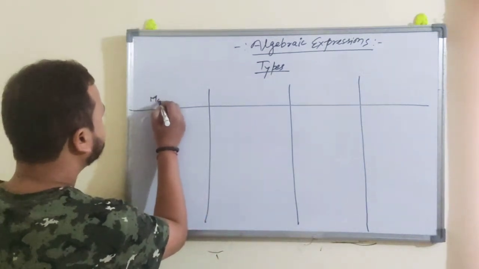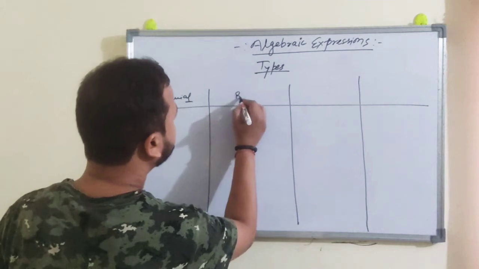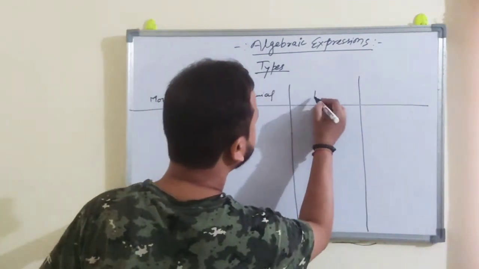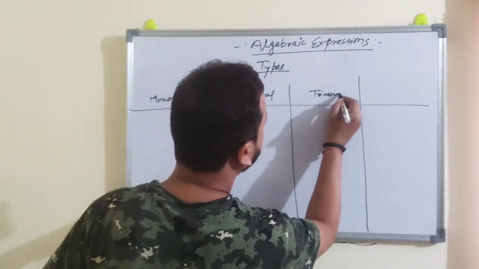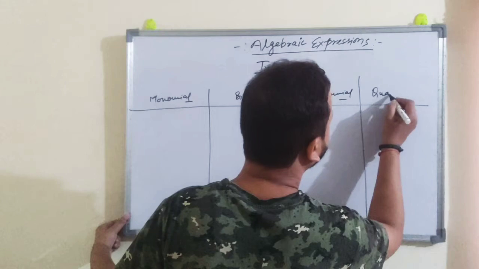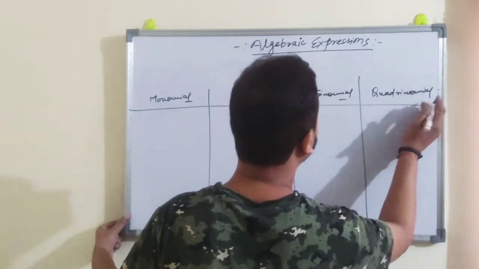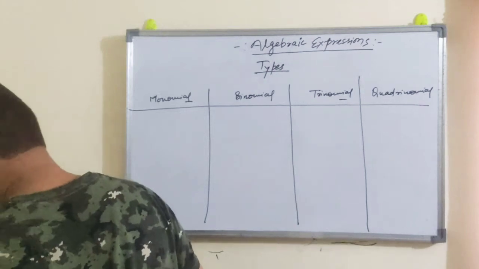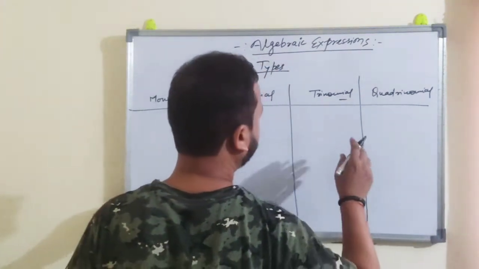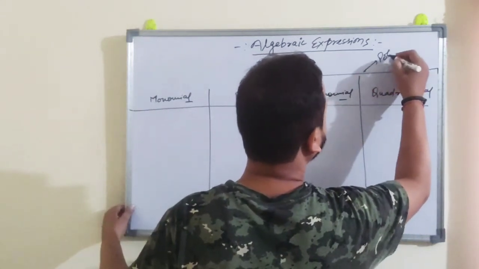First one is monomial. Second one is binomial. Third one is trinomial. And then quadrinomial. And then polynomial.